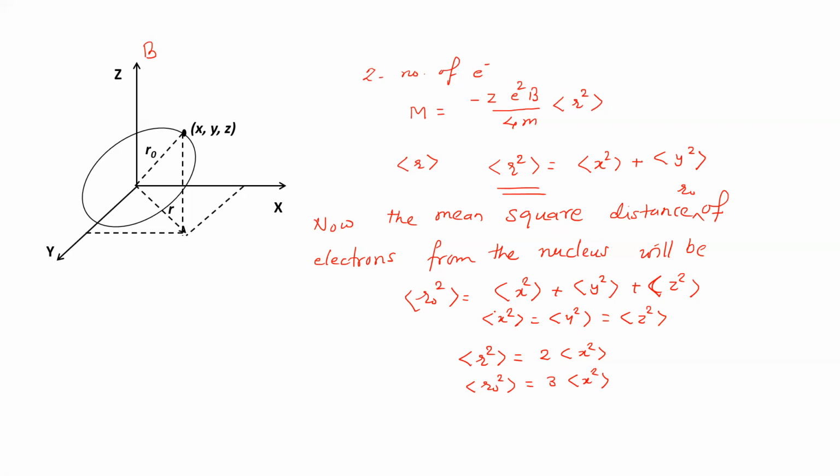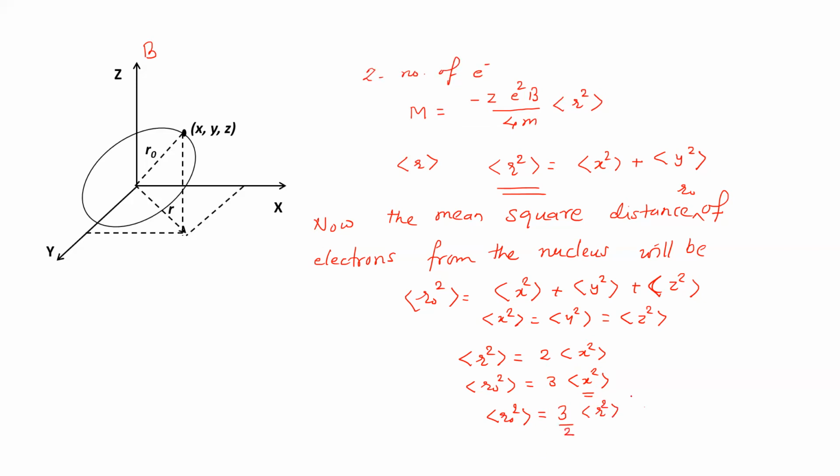So average r0 square is equal to thrice average x square, and therefore if you use average x square as r square by 2, you can write average r0 square equal to 3 times average r square divided by 2.